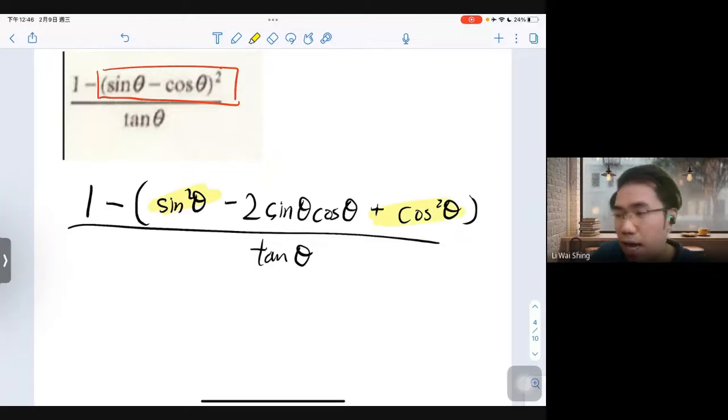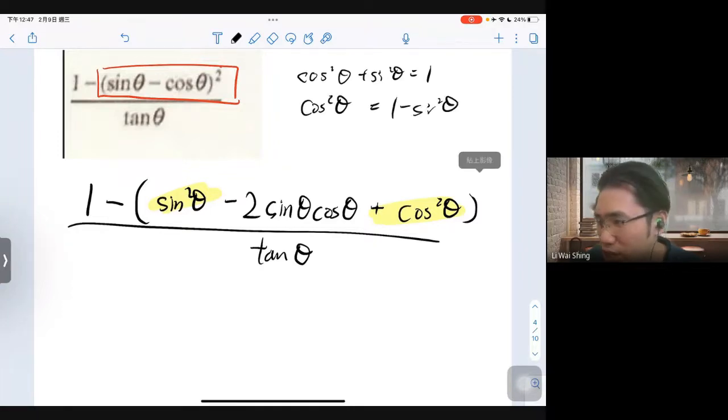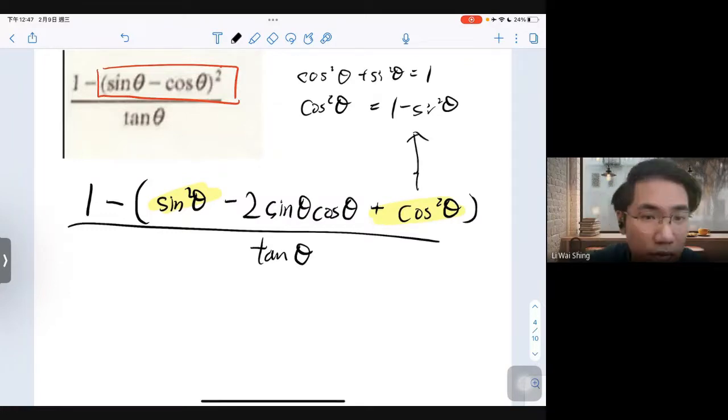Okay, I saw some of you use a very interesting way. Cosine square plus sine square equals to 1. Cosine square theta equals to 1 minus sine square theta. Then you change this into 1 minus sine square theta. I won't say you are wrong, but you use a very clumsy way to do that.